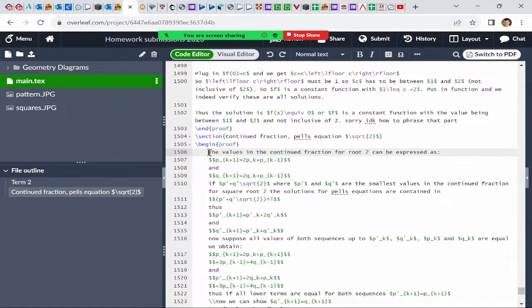To define P1 equals Q1 equals 1 and P2 equals 3 and Q2 equals 2, right?